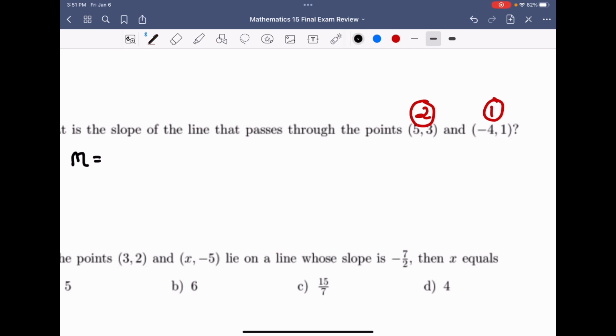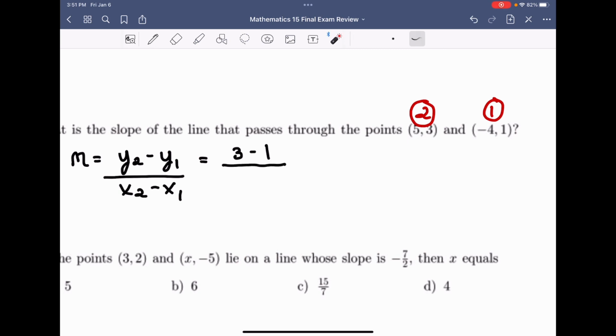When we plug it into our formula, we know our formula is equal to the change in y, which is y2 minus y1, over the change in x, which is x2 minus x1. In the formula, y2 is 3. y1 is 1. So we're going to take this and go 3 minus 1 over. Now I'm going to go to x2, x1. x2 is 5. x1 is -4.